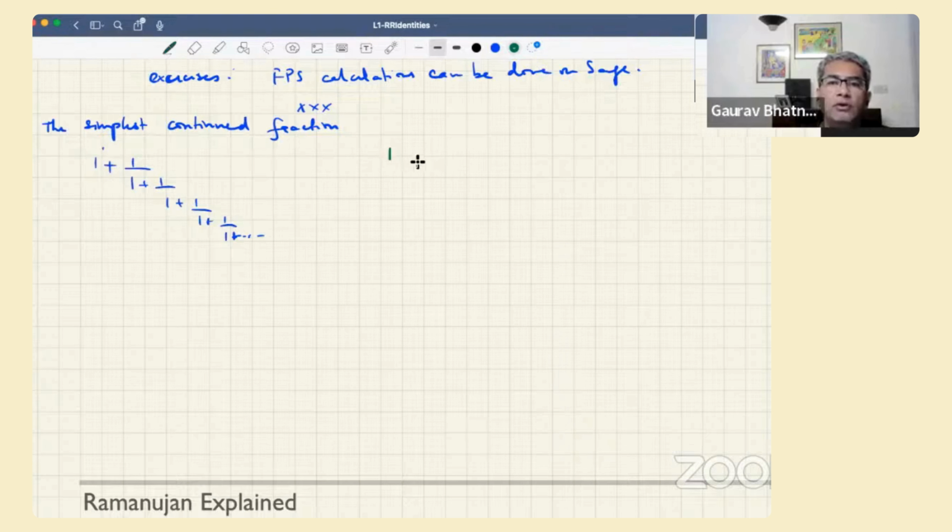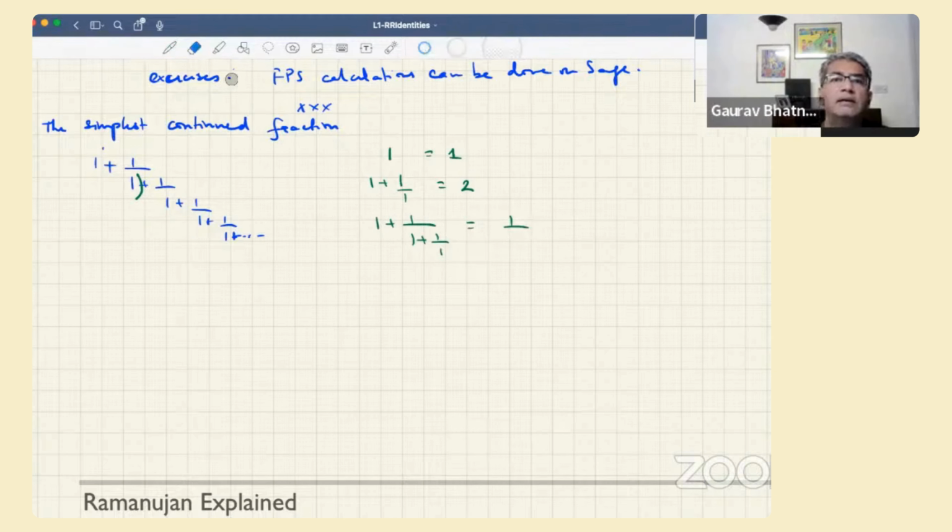So chop off at 1, we get 1. Then we get 1 plus 1 over 1. Chop off here, and we get 2. Then we get 1 more. So now you notice this part is already calculated, right? So we have 1 plus 1 over 2. So that's 3 by 2.